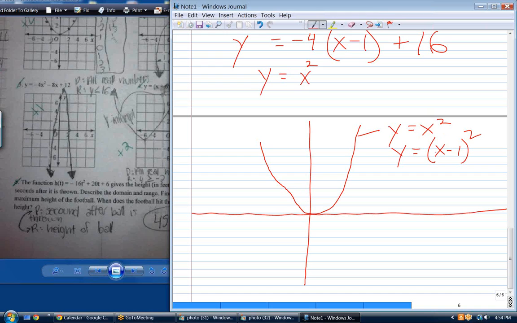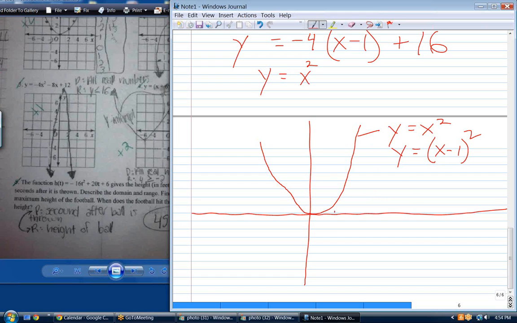This minus 1, because it is being acted on by the square, represents a horizontal shift. In other words, it's the equivalent of the vertical shift, only instead of moving up or down, it moves right or left. Does not change the shape of the curve.